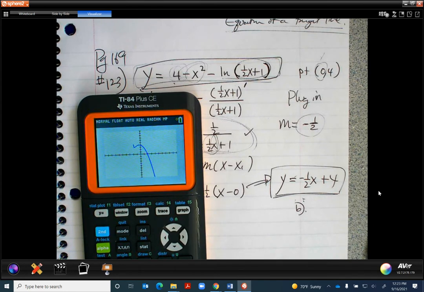Look at that. And look at that. All right, does your graph make sense with this particular problem? Why? Because we have a tangent line at where? (0, 4). We have a tangent line at (0, 4). There it is. All right, so I want you to practice.